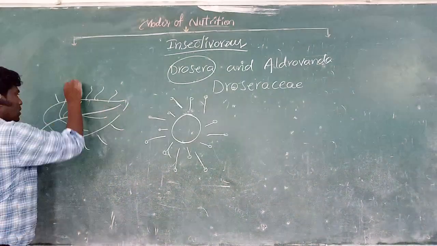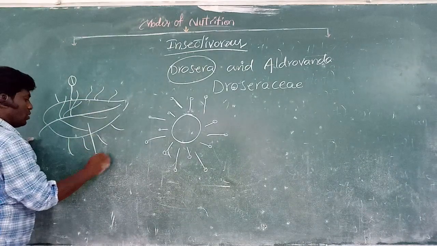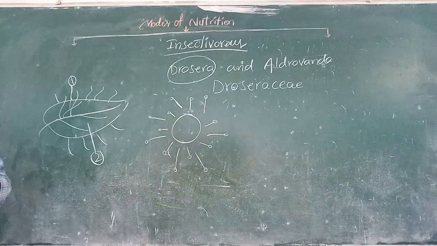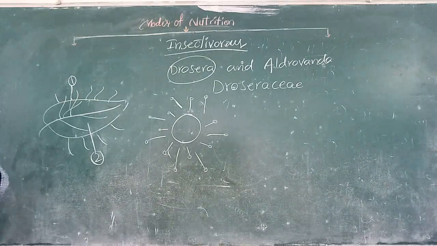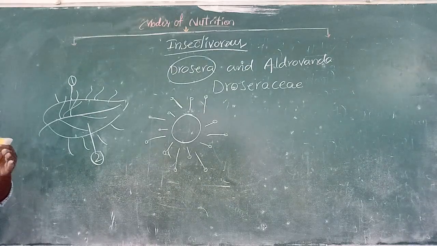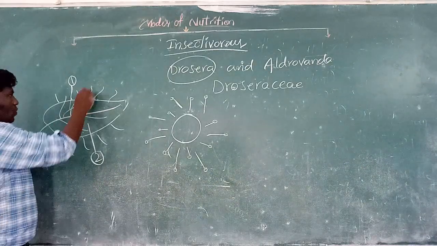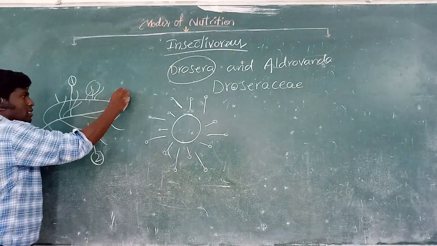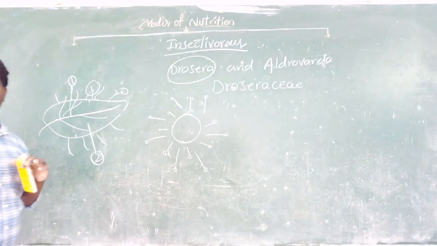When an insect comes into contact with the leaf, it is trapped with the help of these structures.